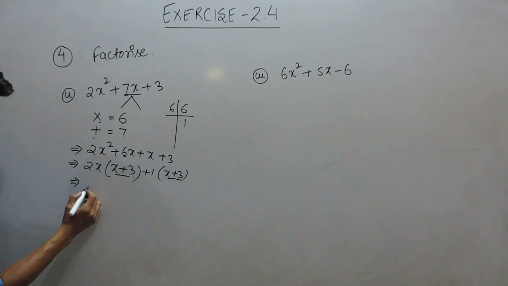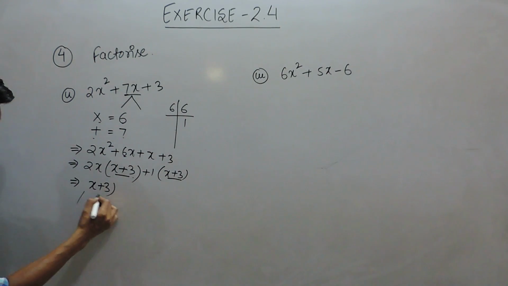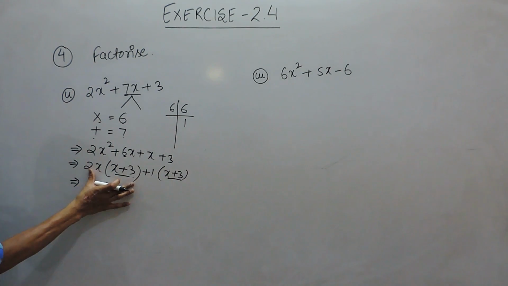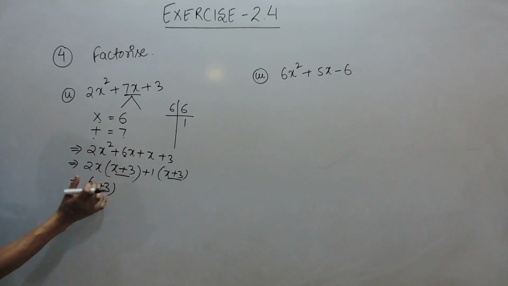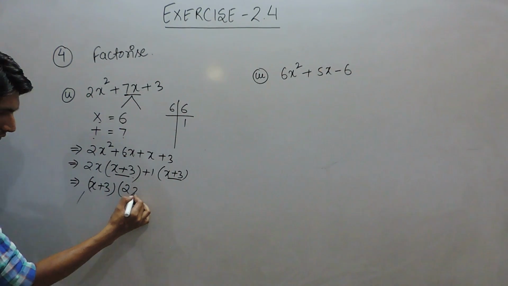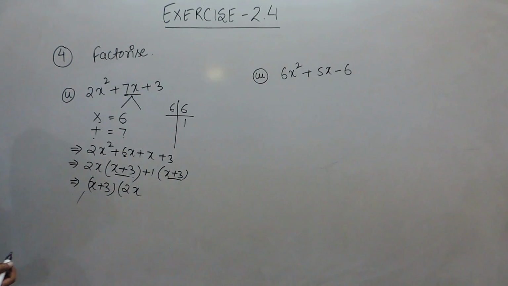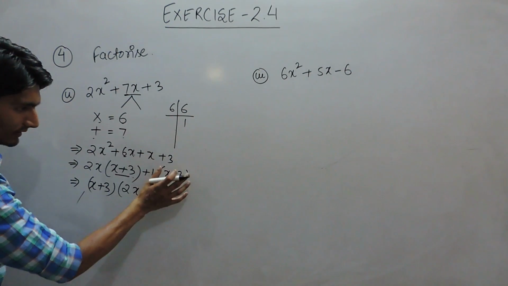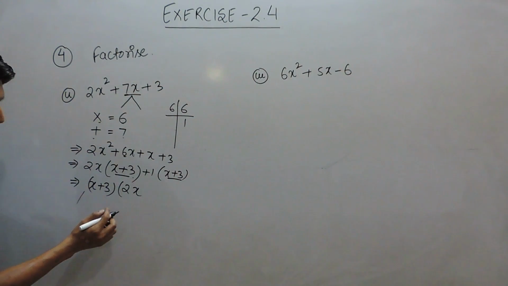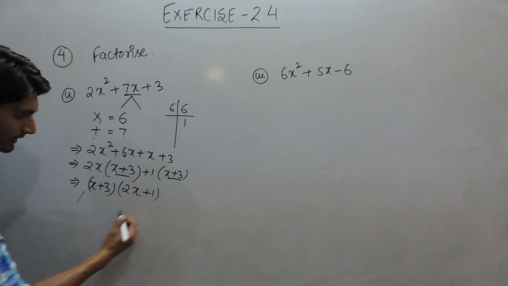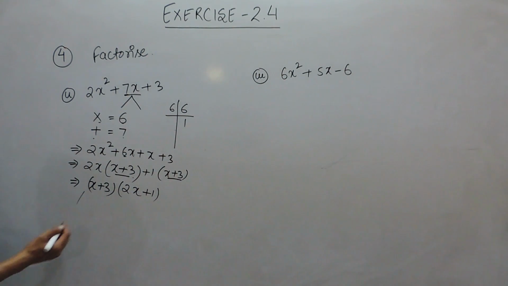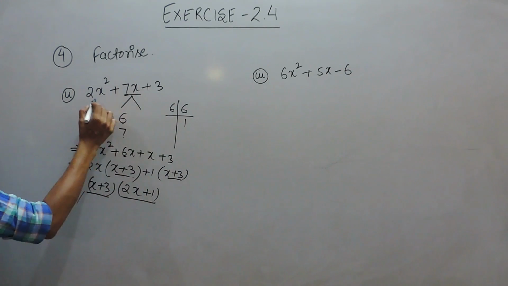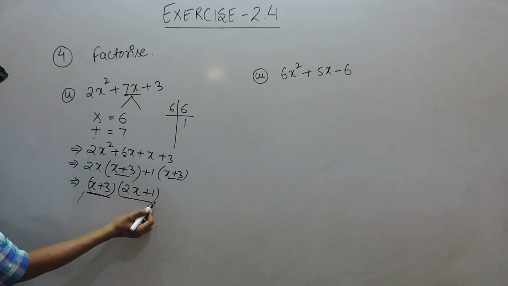From both terms x plus 3 is common, and from this term when x plus 3 is taken out, only 2x remains inside the bracket, and from this where x plus 3 is taken out, only 1 will remain inside the bracket.